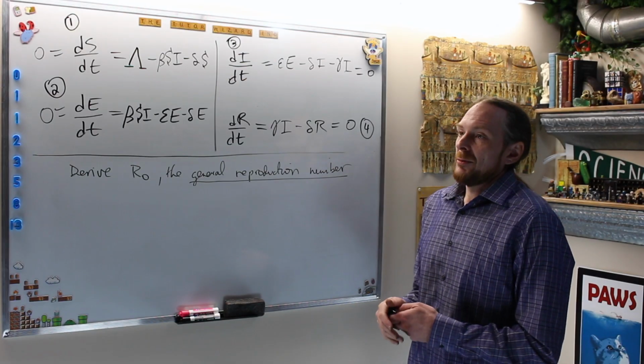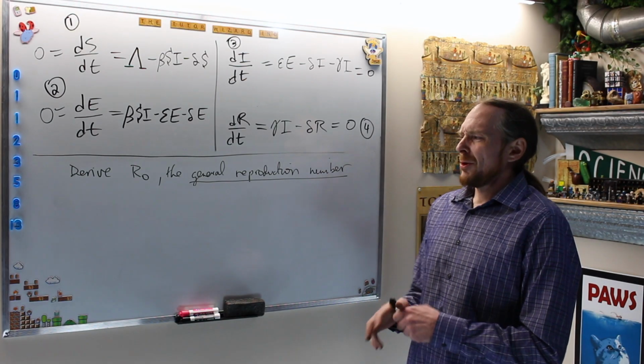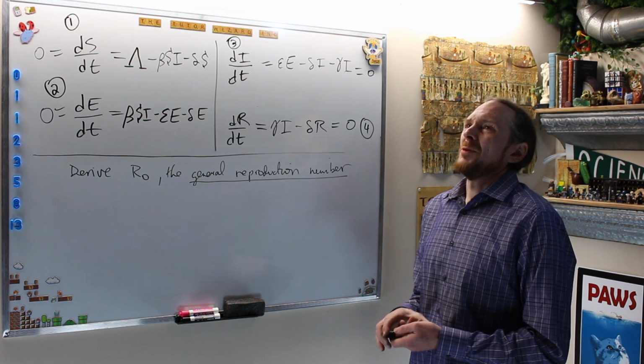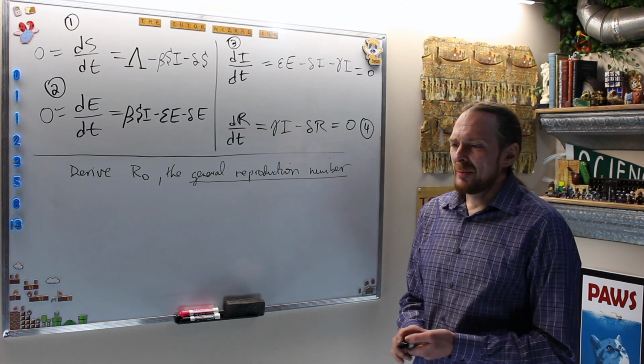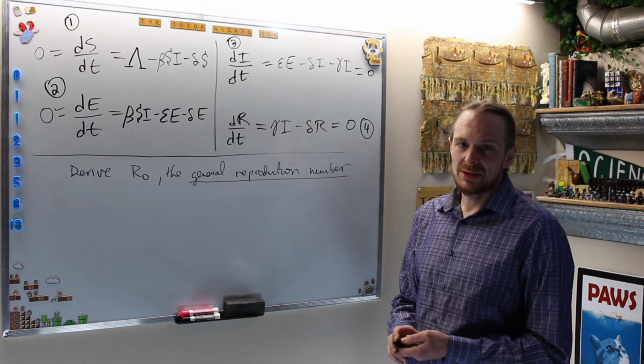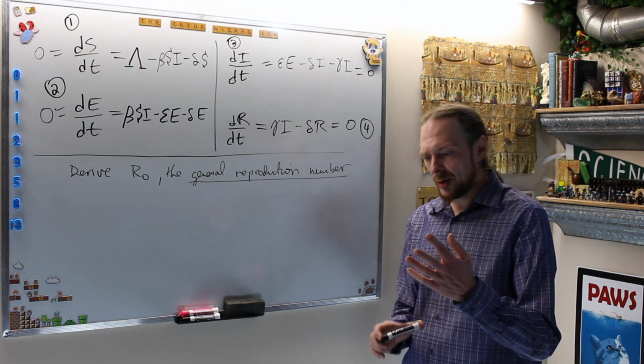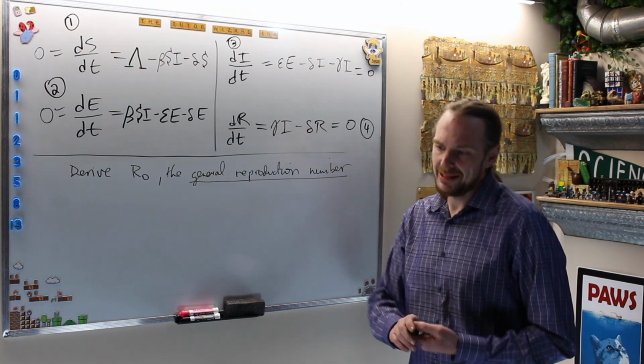In the last stage, we're going to derive the general reproduction number, as it's called. What you're actually going to see with public health is they're going to show you the general reproduction number is 3.2 or 2.6. What are they saying by this?